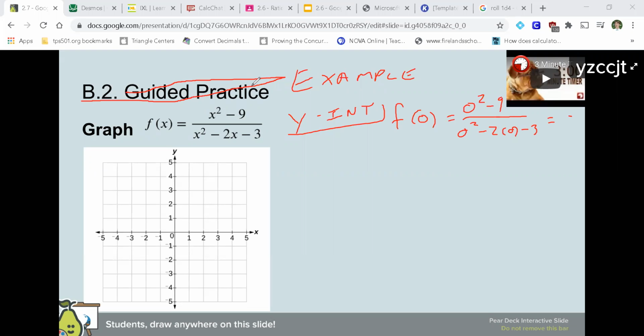Which is really just negative 9 over negative 3, which is really just positive 3. So I can plot for my graph that it has a y-intercept of positive 3.